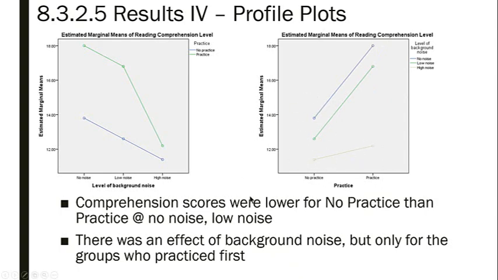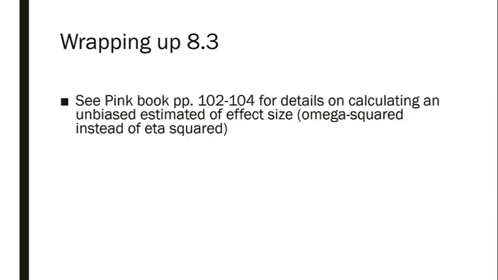Okay, so to wrap up, if you want details on calculating an unbiased estimate of effect size, that is omega squared, you can look at pages 102 to 104 of the Pink Book. Allen, Bennett, and Heritage state that the use of partial eta squared, the effect size that's provided by SPSS, is not generally recommended.